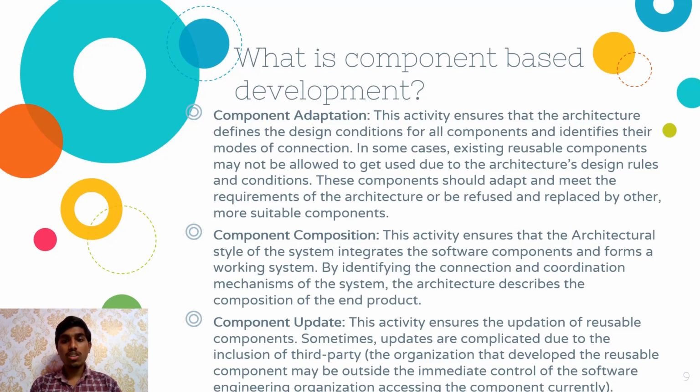These components should adapt and meet the requirements of the architecture or be refused and replaced by other more suitable components. This activity ensures that the architectural style of the system integrates the software components and forms a working system by identifying the connection and coordination mechanisms of the system. The architecture describes the composition of the end product.